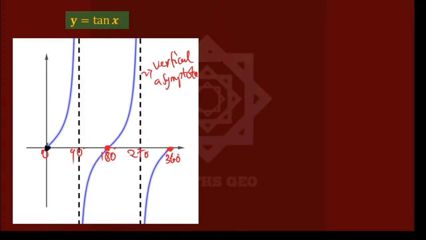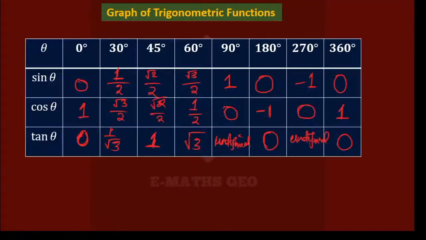So let's now move to the other, because from the table we have only 3. Let's use the knowledge of these 3 to plot the other ones. So how do you plot, especially sec and cosec?